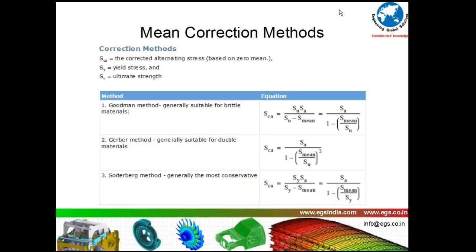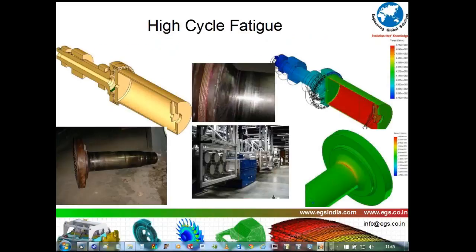Now, typically when you are looking at any particular model, the most important thing we look at is how reliable our physical models are with regard to our finite element predictions. What I am going to show you right now is a high cycle fatigue case.